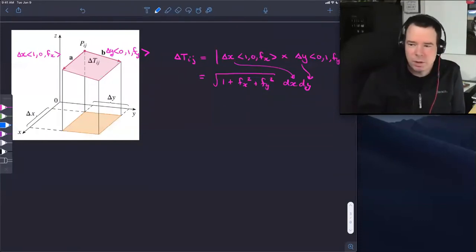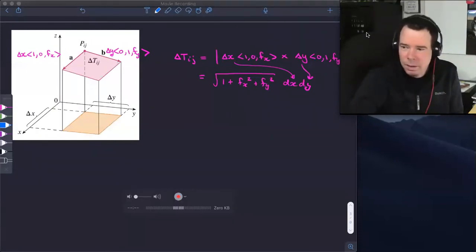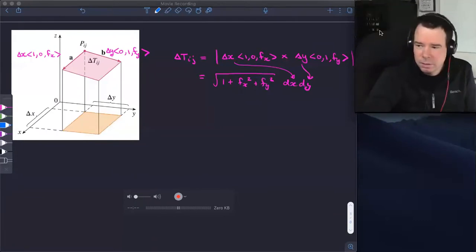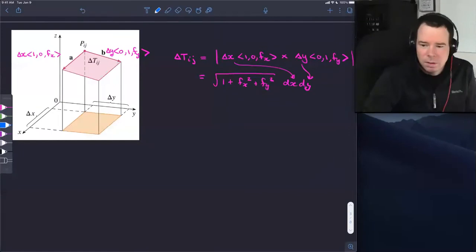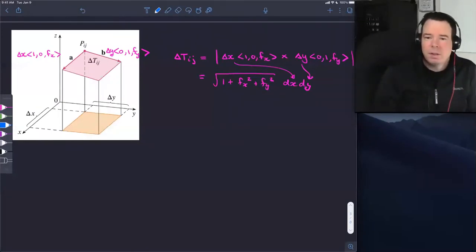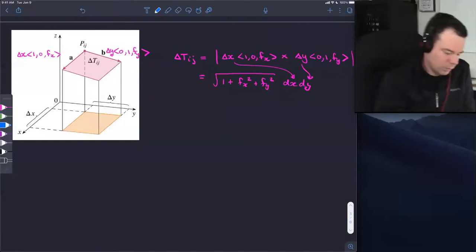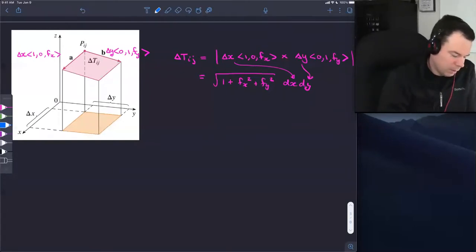We take the cross product of those two, and that gives us the area of the patch. Once we have the area of the patch, we can integrate over all of those patches. That's why we get the integral of the square root of this expression involving the partial derivatives, because that comes from these little parallelogram patches that we use to approximate the surface.